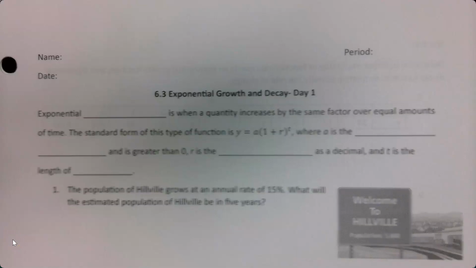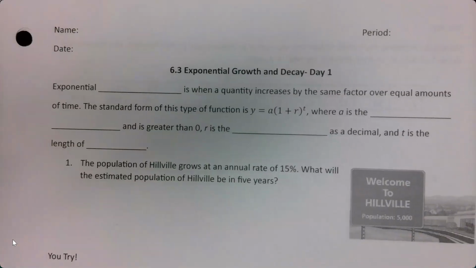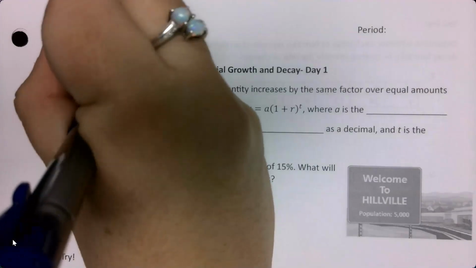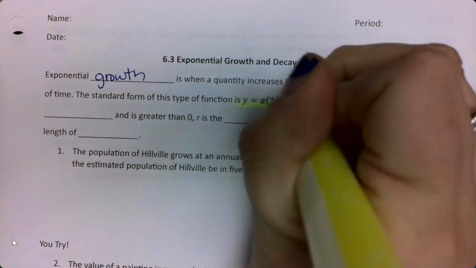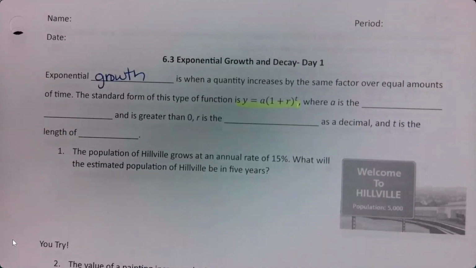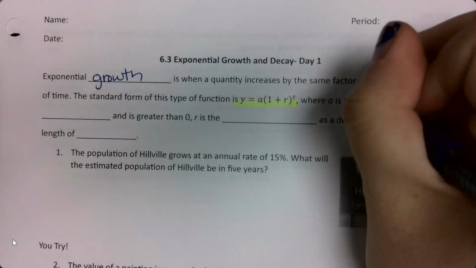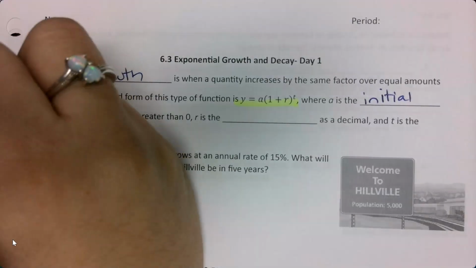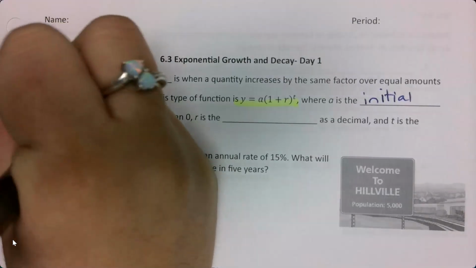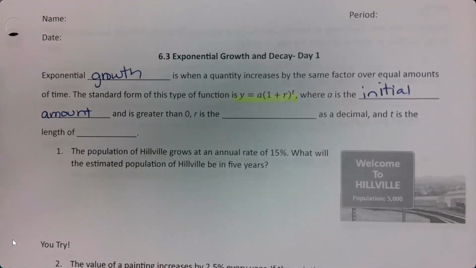Okay, so we are doing exponential growth and decay. Exponential growth is when a quantity increases by the same factor over equal amounts of time. The standard form of this type of function is y equals a times 1 plus r to the t power, where a is my initial amount, and it's greater than 0.